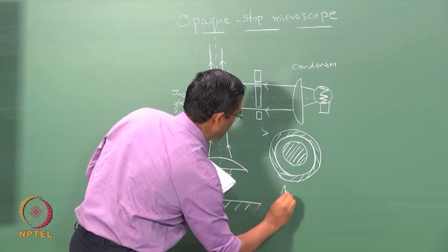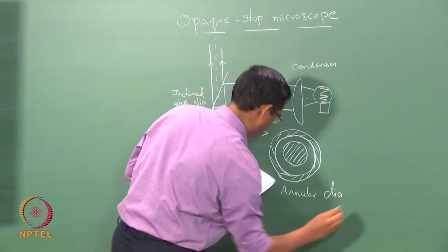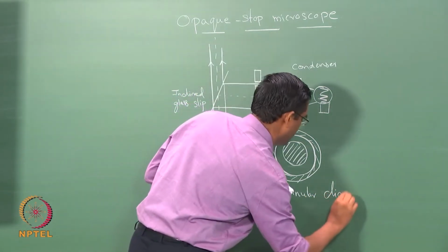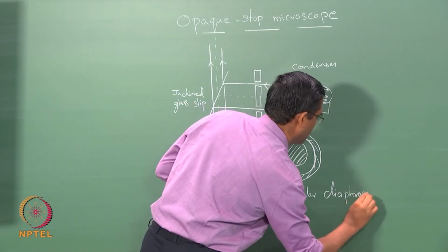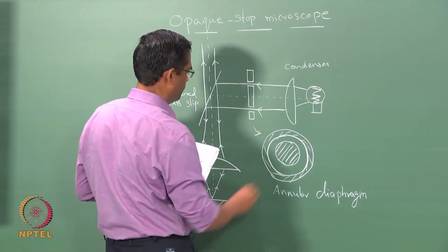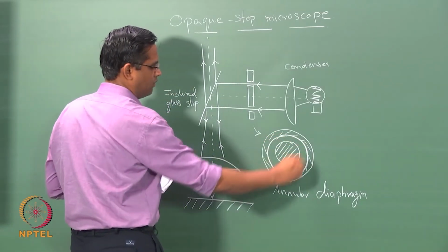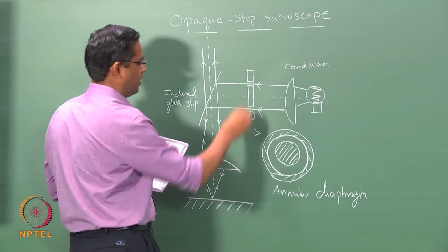This is an annular diaphragm. There is an annular opening, and this is a disc which is kept here.